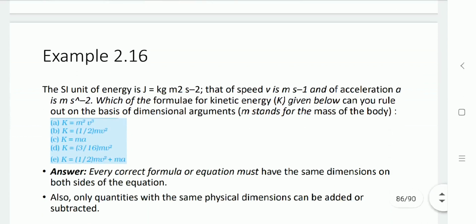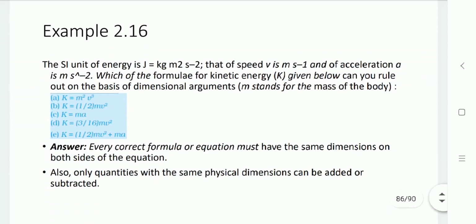Now, let us take another example. SI unit of energy J is equal to kilogram meter square per second square. Now that of speed v having SI unit meter per second and acceleration having meter per second square.